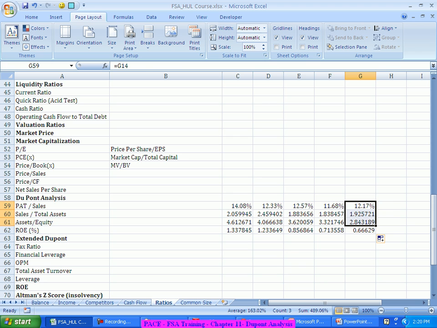Even if in one of them, let's say in this one, the competitor is at 3 and I am at 2.84, then I need to know what I should do to make it 3. Because obviously if I make it 3, my ROE will also improve, since it's a multiplication of the three numbers. So it gives a detailed drill-down analysis on how I improve the return to my investor.